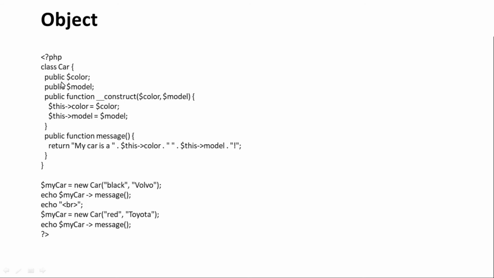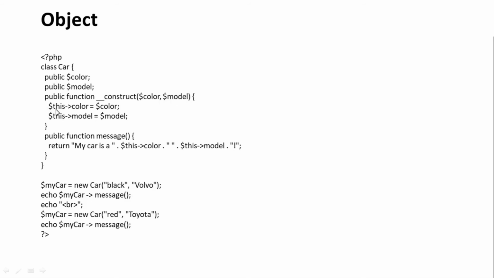Inside it I use a public variable color, and a public variable model, and then a public function __construct. We will understand construct in our upcoming videos. Inside it I use two variables, color and model, and after that this, and then the color, and then equals the color variable.